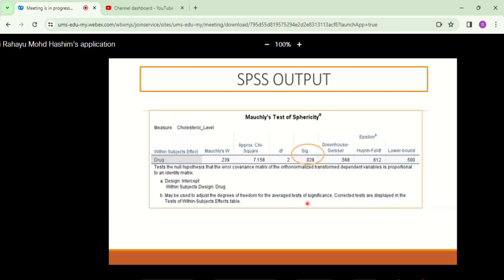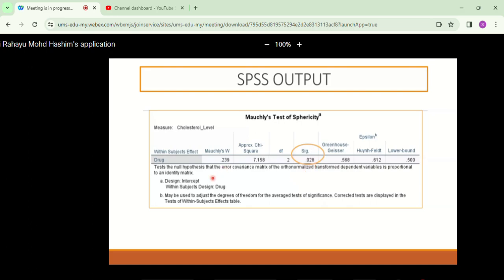Now, when we test the sphericity, this is another test of the assumption of sphericity. We call it Mauchly's test of sphericity, right? What you need to look at is the significance value, where p is equal to 0.028, which is less than the alpha value.